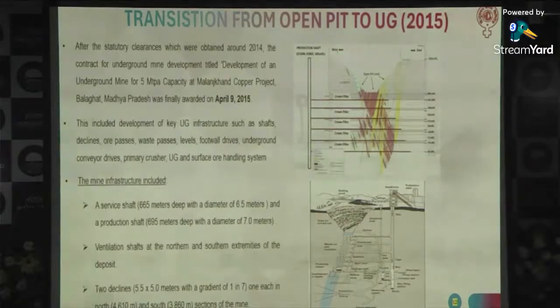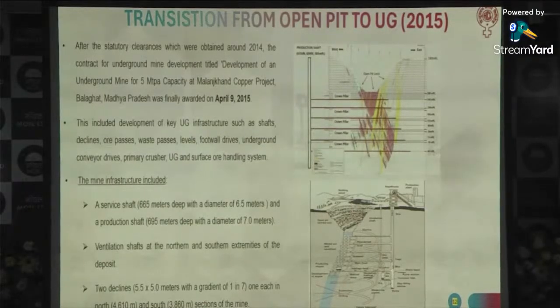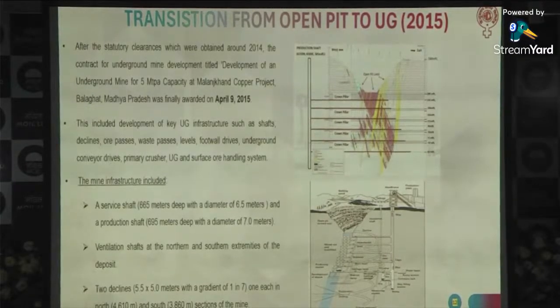So after the statutory clearances were obtained, the contract for the underground development was awarded on 9th of April 2015, an EPC contract, which included a lot of infrastructure development, including the declines, the shafts, the level development, ore passes, crusher chambers, and all the other infrastructure.